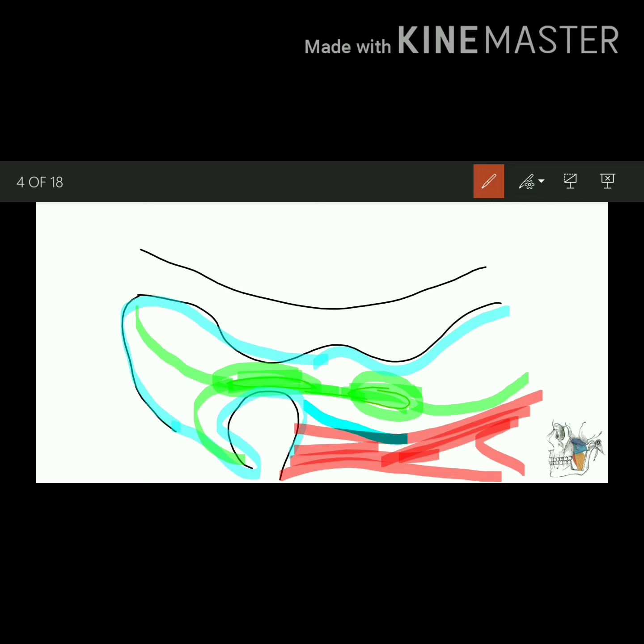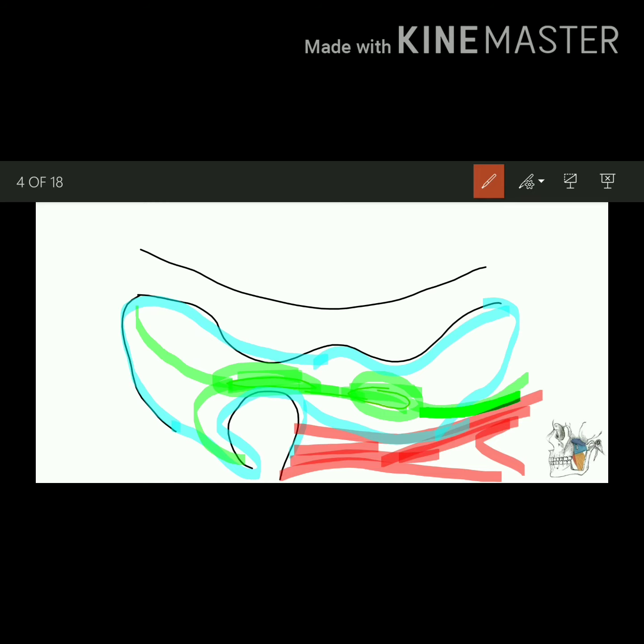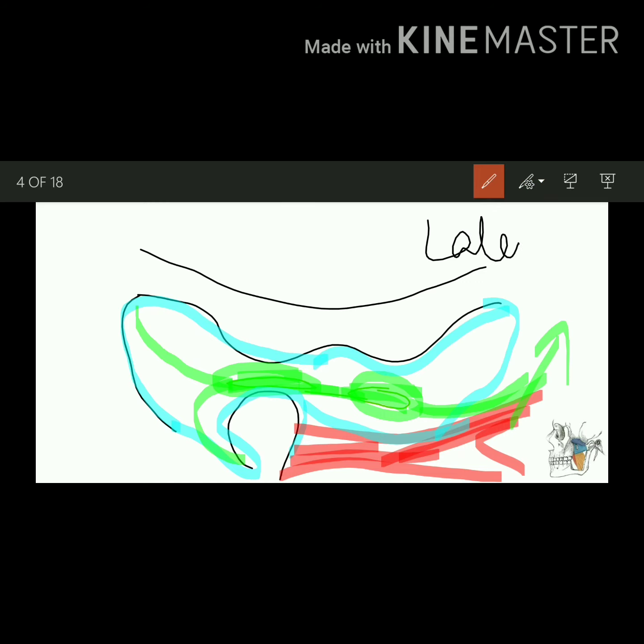The capsule will line here along the joint cavity. So through the capsule, this anterior extension of the anterior band of fibrocartilage joins with the tendon of this muscle, and this muscle is lateral pterygoid, which is a muscle of mastication.